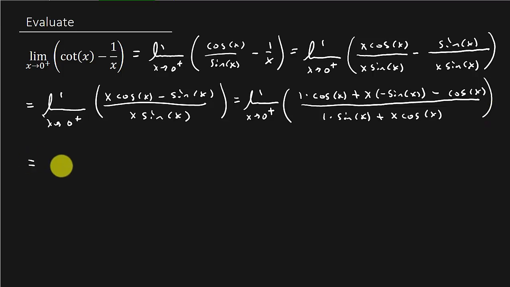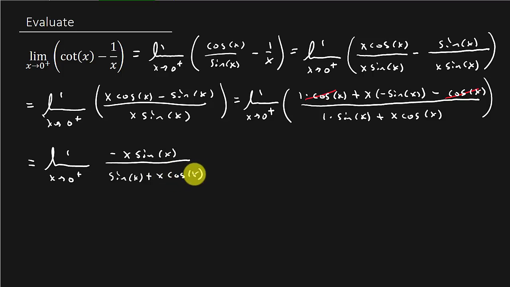And so this is going to give us the limit as x goes to 0 from the right. And you can see here that cosine x minus cosine x, that goes out, that's just 0. So that's going to be negative x sine x over sine x plus x times cosine x.